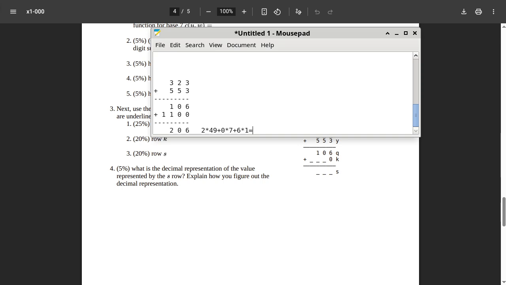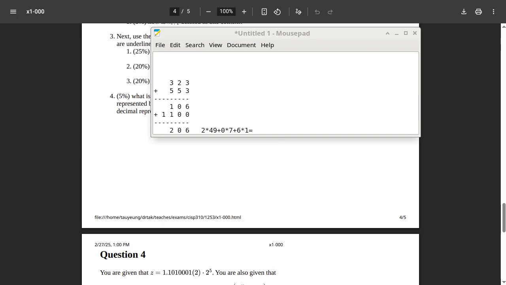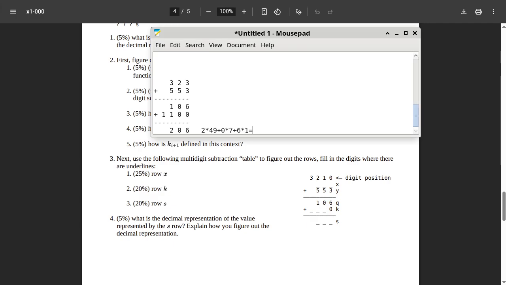Yep, that is correct. You have to convert the whole thing to base 10, so that's 98 plus 6, which is 104. What is the decimal, which is base 10? Yeah, decimal means base 10.